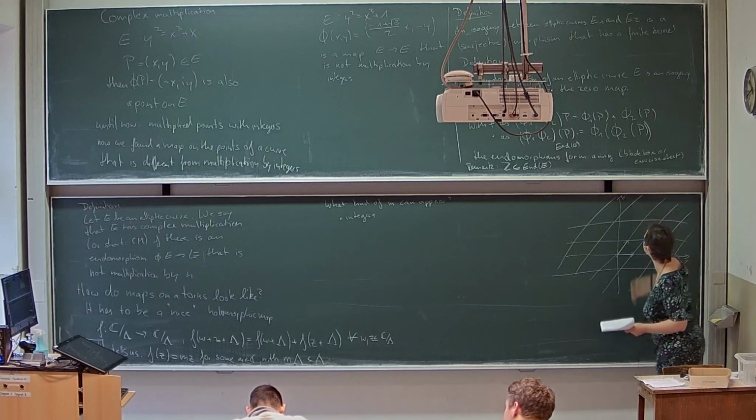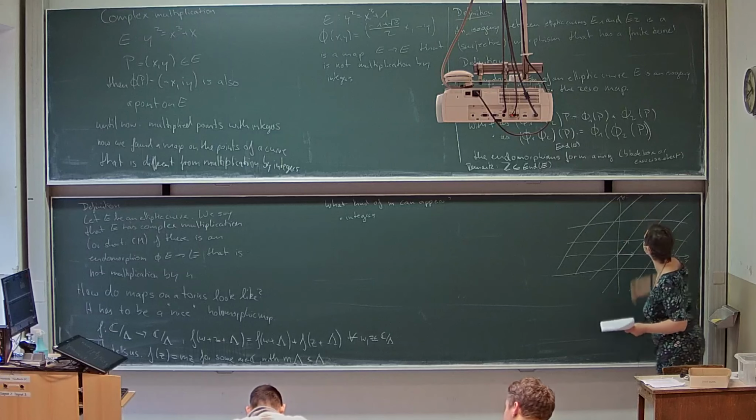So there's a relation between M squared, M and 1 that has to be 0, because being in the lattice means it has to be a linear combination of lattice vectors.